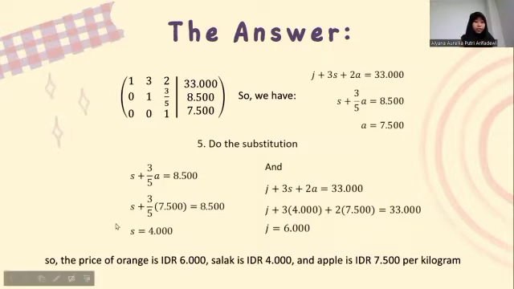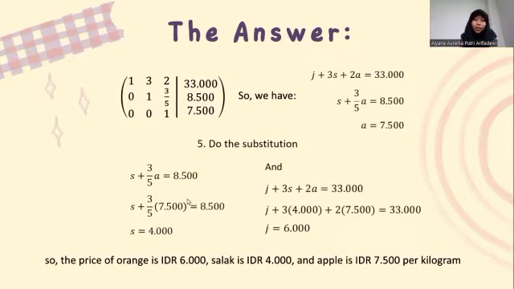So S is 4,000, and we will substitute to this equation and then we get the G. We get the G is 6,000.